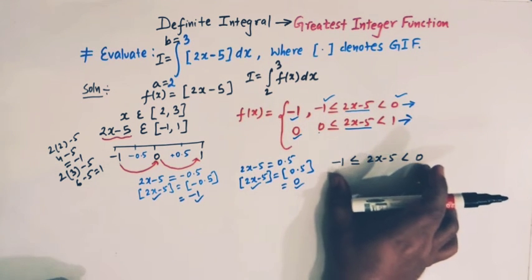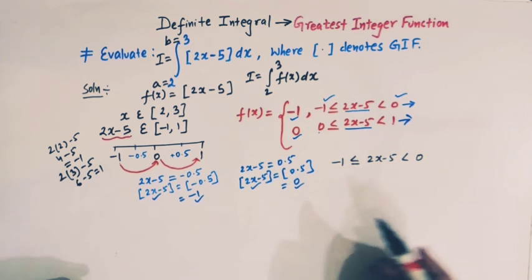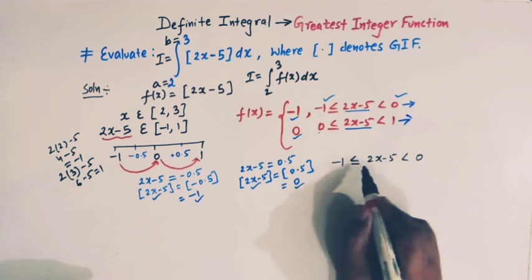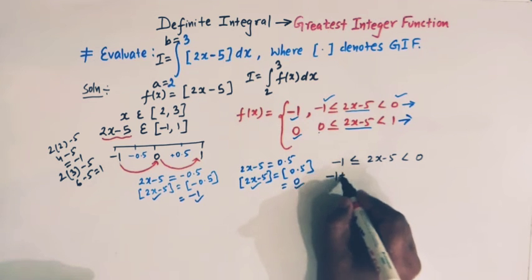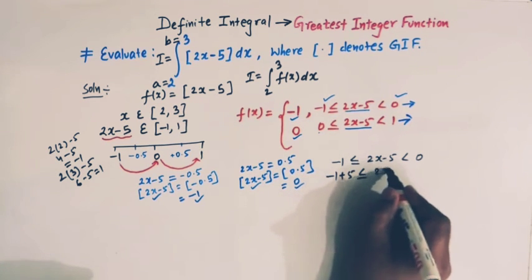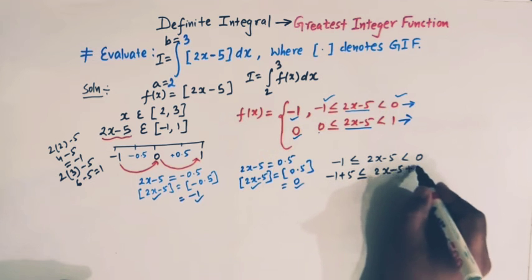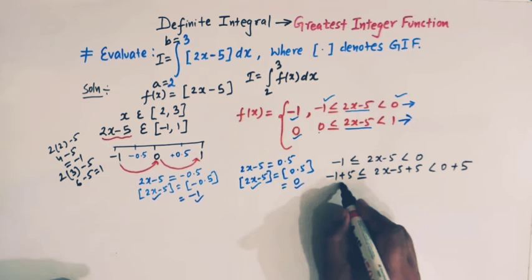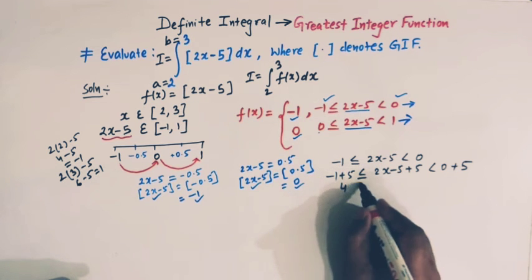Now if we solve this inequality, adding 5 throughout, we have 2x minus 5 plus 5, and here we have 0 plus 5, and here we have 5 minus 1, that is 4.